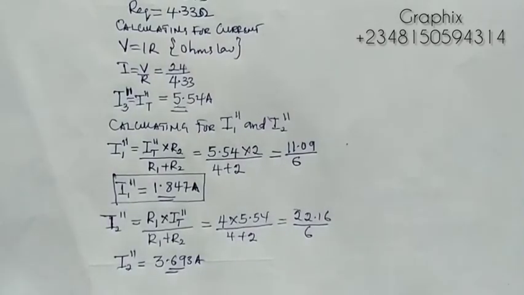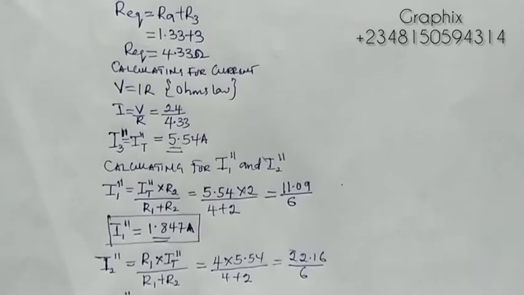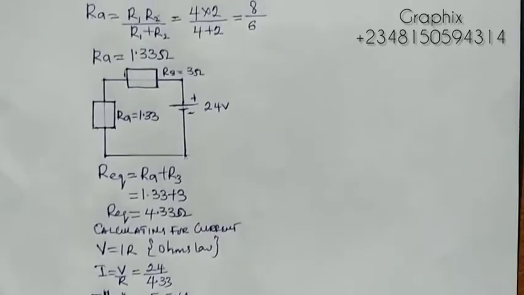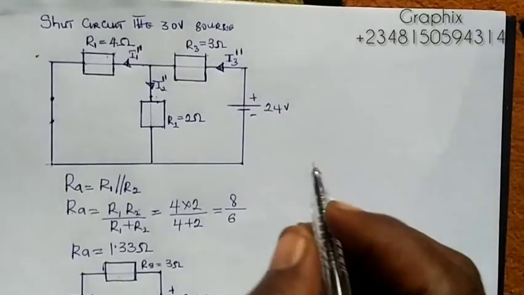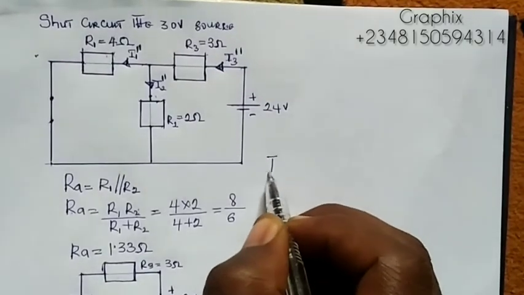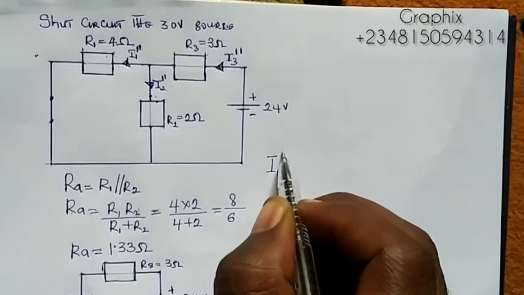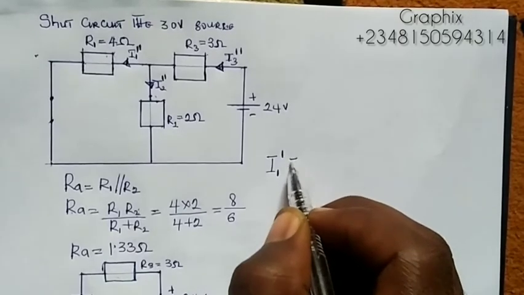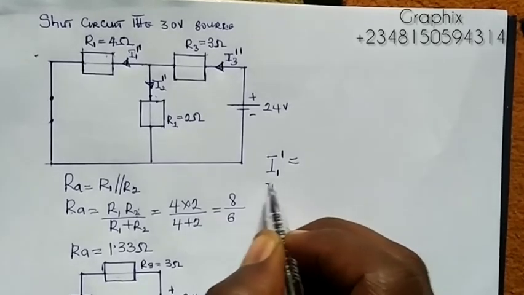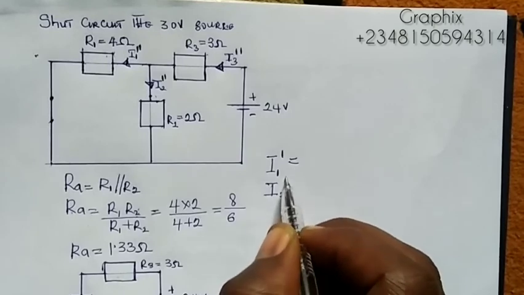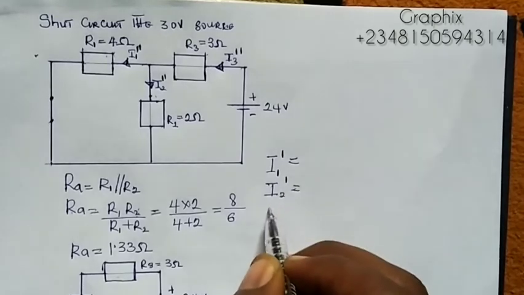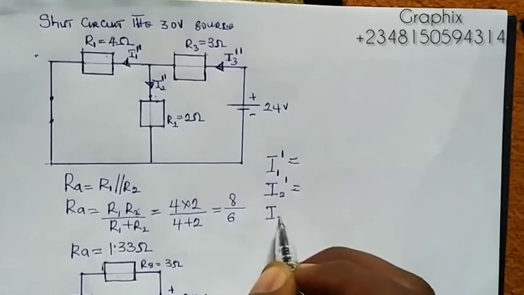Now we've gotten our total current, so let's write all the currents we've gotten for our circuit here. All the currents we've gotten are I1 prime, I2 prime, I3 prime.